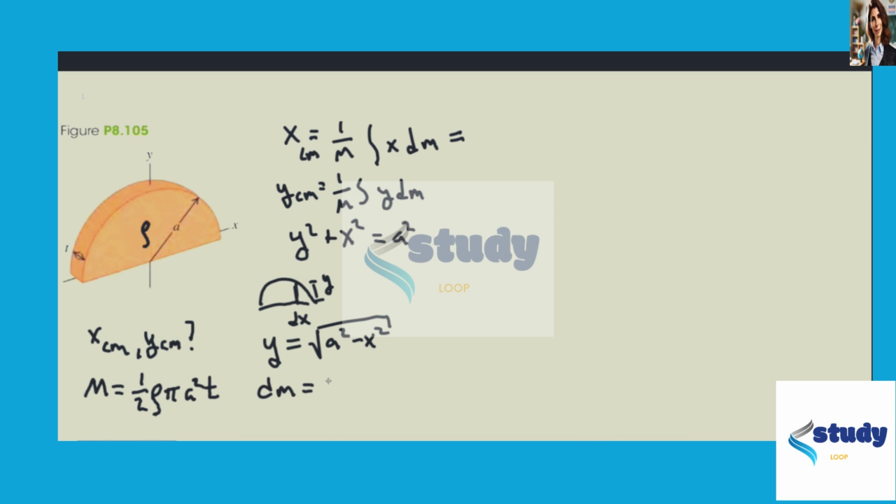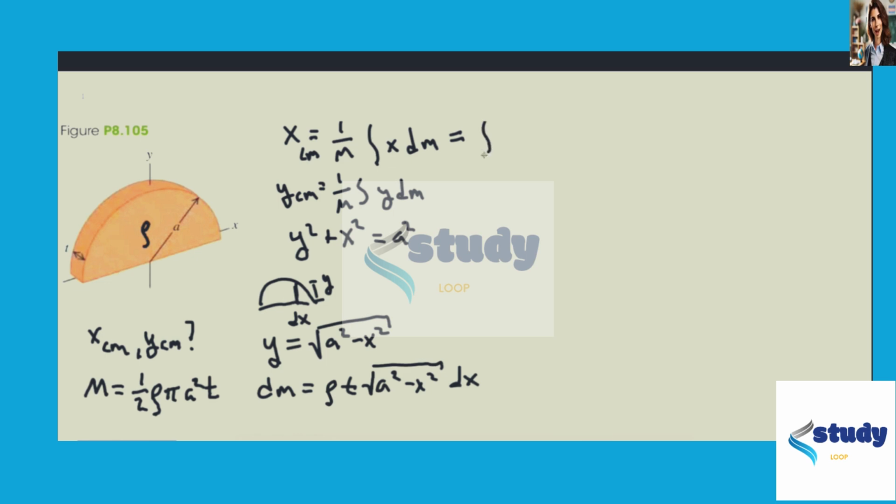Sorry. So it's going to be the density times the thickness times the height, which we know in terms of x is the square root of a squared minus x squared, times its width, which is dx.